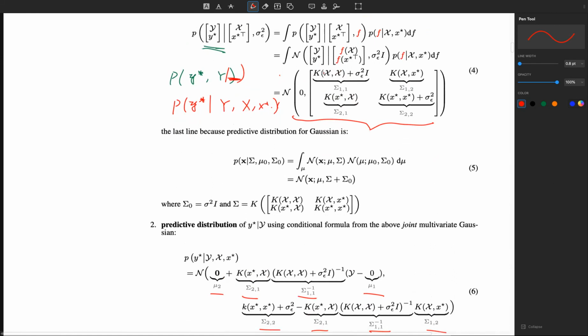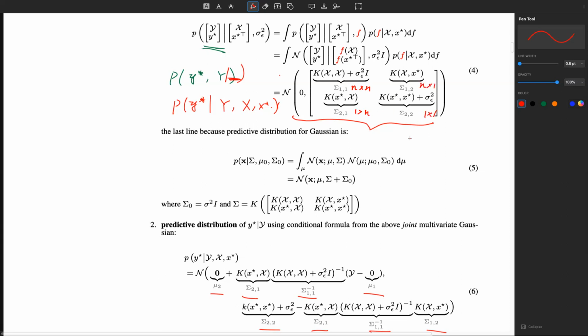If this is n by n, this part, sigma 11, is n by n, this one should be 1 times n, this one n times 1, and that one 1 times 1.